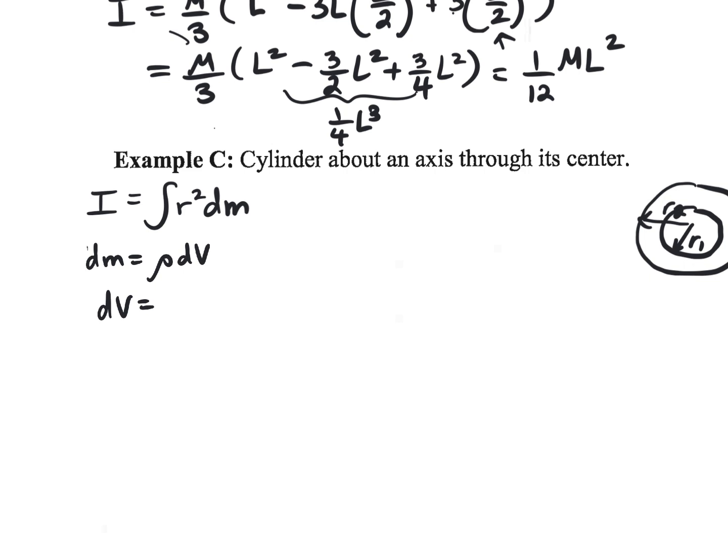Area of the base times the height, right? So we have what? dV is d of the volume, which is pi r squared times the length, whatever the length is, or the height. And we're going to say L is the length of the cylinder, right?